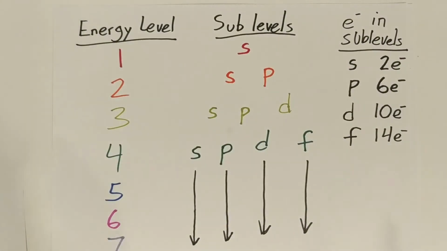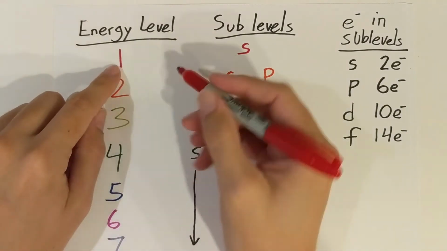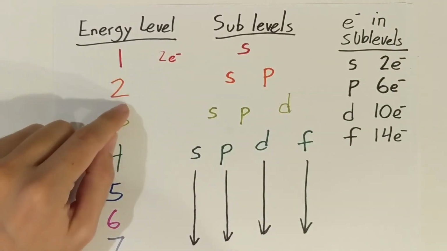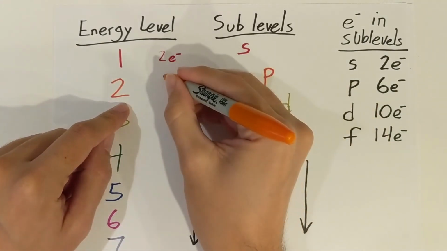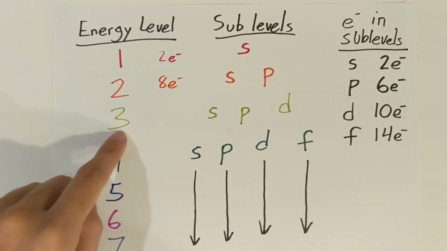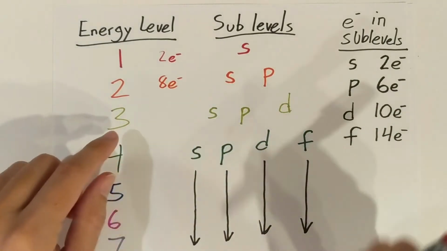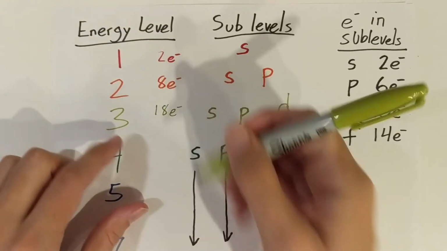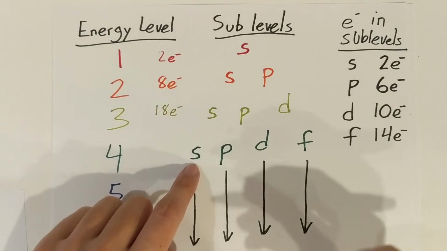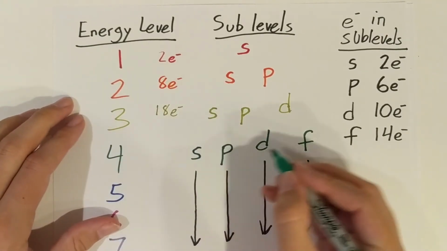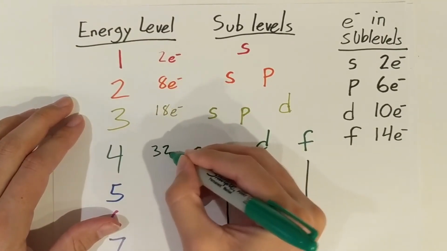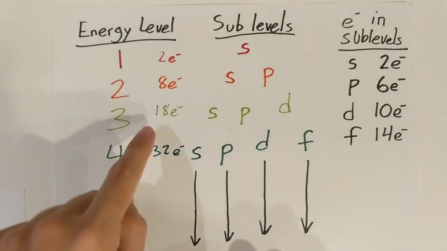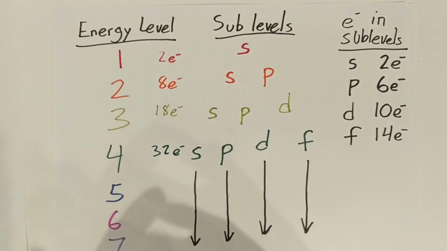So this is where it gets a little bit tricky. We just said that energy level 1 can have 2 electrons. Energy level 2 can have 8 because S and P. Energy level 3 can have 18 because S, P, and D. And energy level 4 can have 32 because it has S, P, D, and F. But last week, we treated energy level 3 like it can only hold 8.